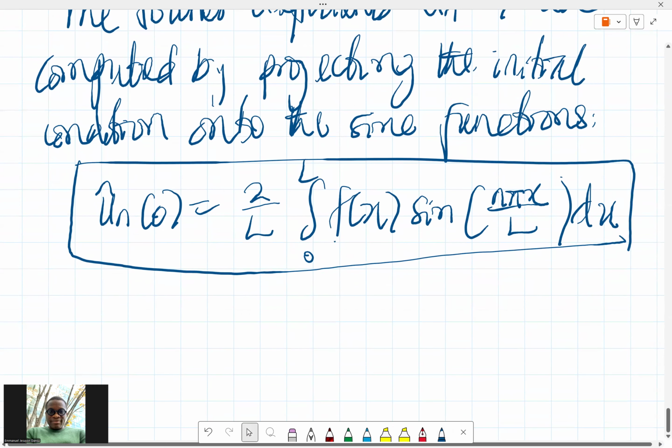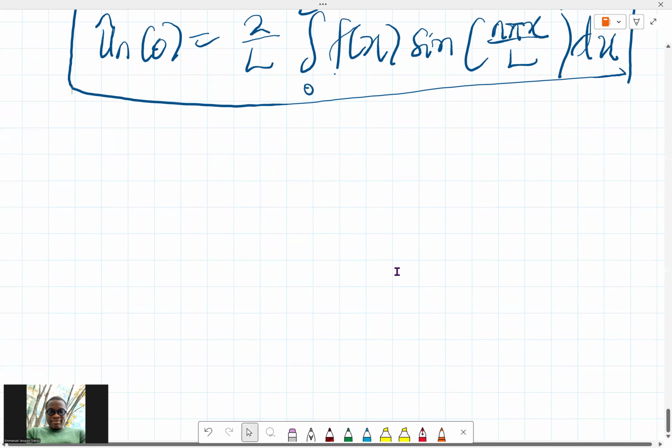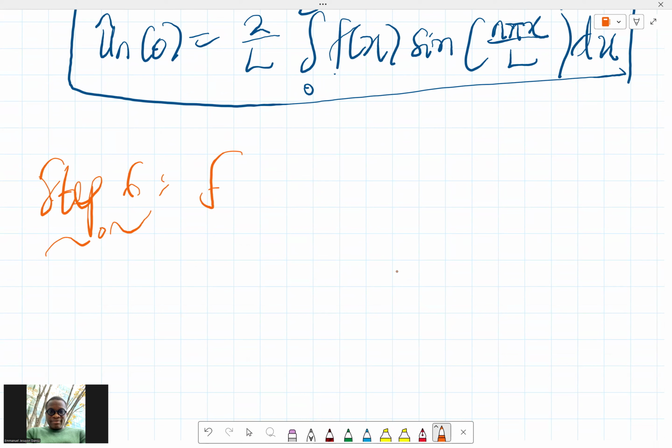And then that takes us to step 6, quite a lot. Step 6, but we are getting to the end. Here we have the final solution.